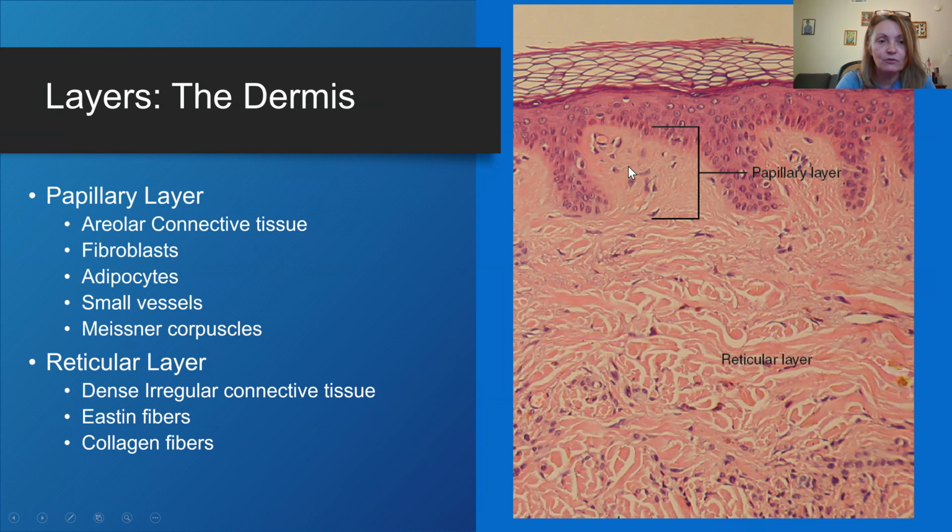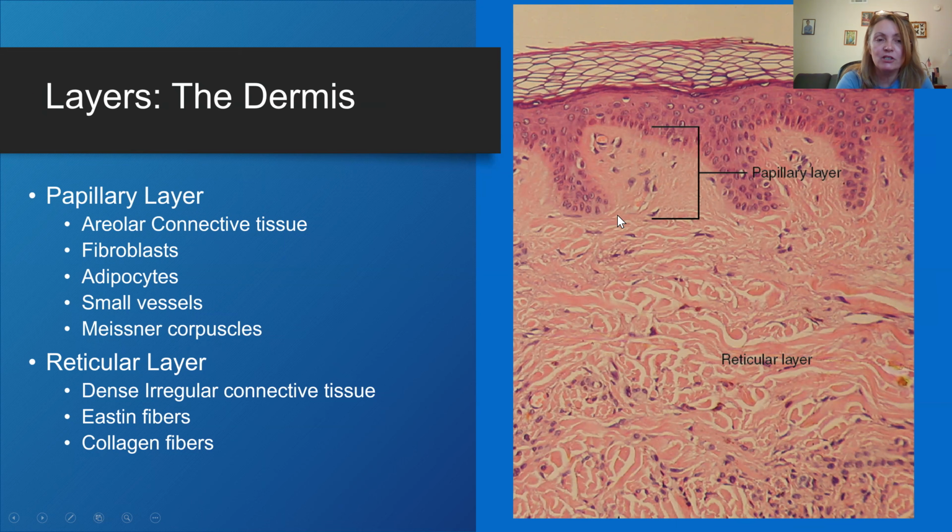The cells that you would find here would be mostly fibroblasts, but you do have some adipocytes, small blood vessels, and you have Meissner corpuscles, those touch receptors, very fine touch.